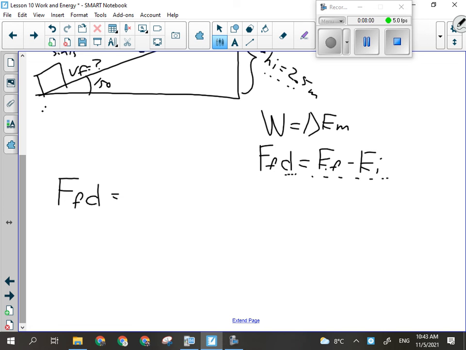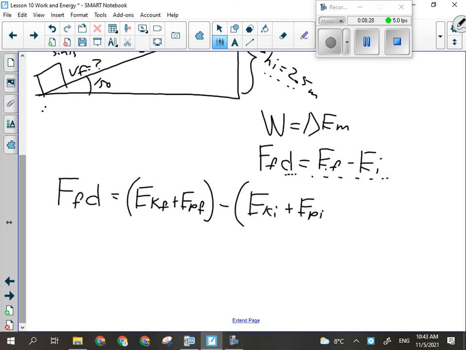An object's mechanical energy is the sum of its kinetic and potential energies. Okay, so I'm going to have then EK final plus EP final minus EK initial plus EP initial.